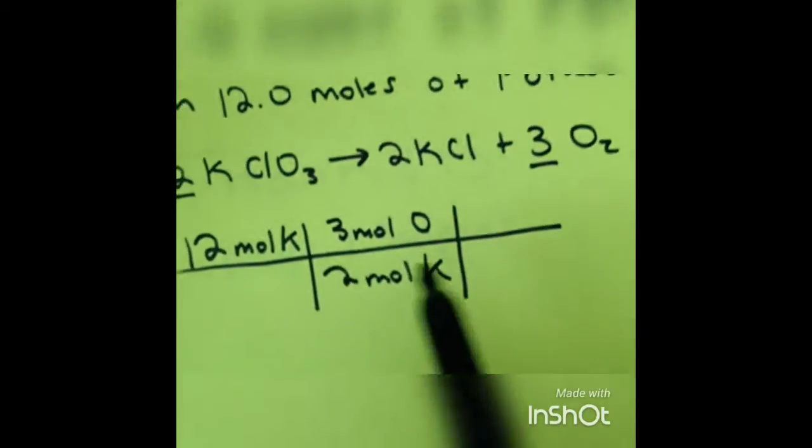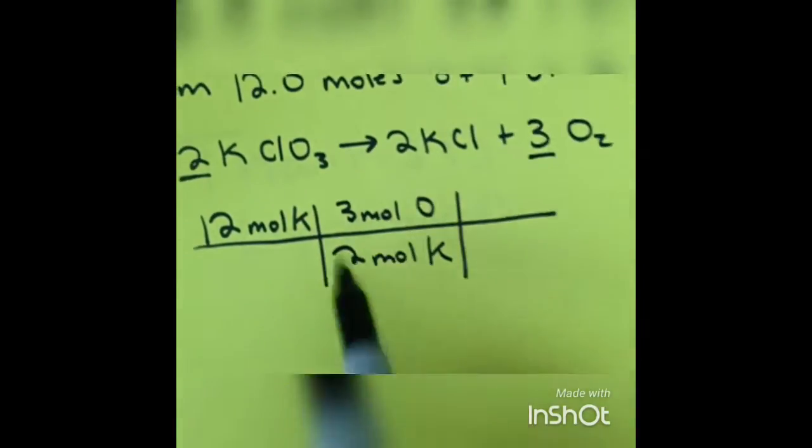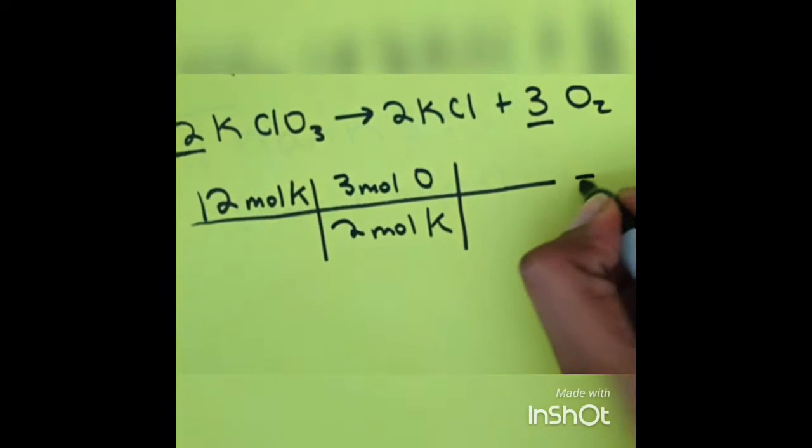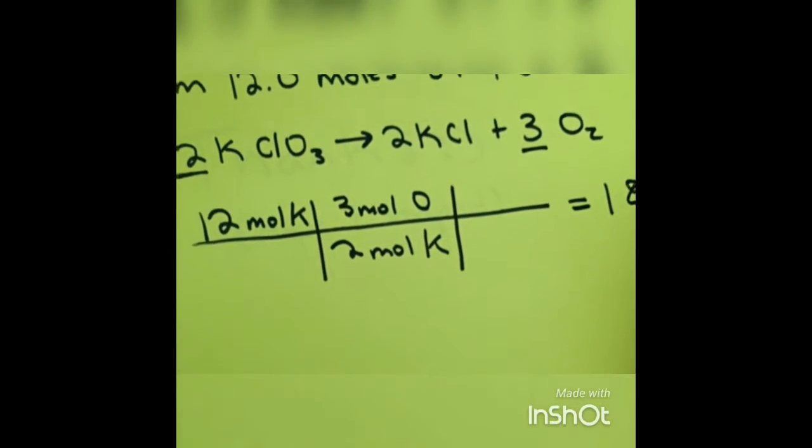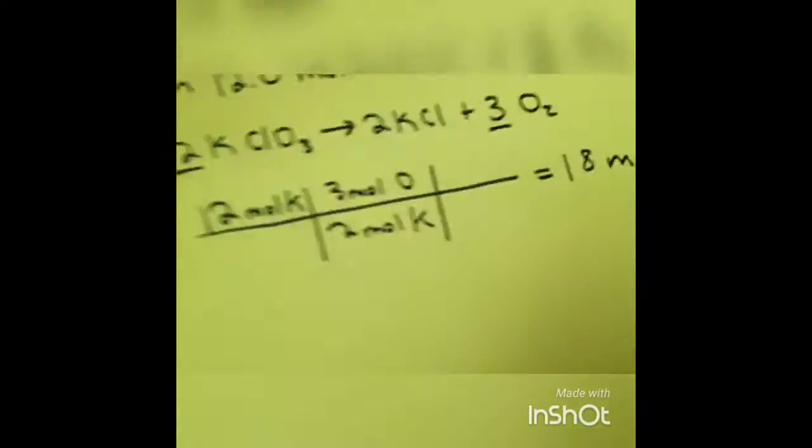And now, when you do all your math at the end, it equals 18 moles of oxygen. Did I find what I was looking for? Yes, you did. How many moles of oxygen? You found it.